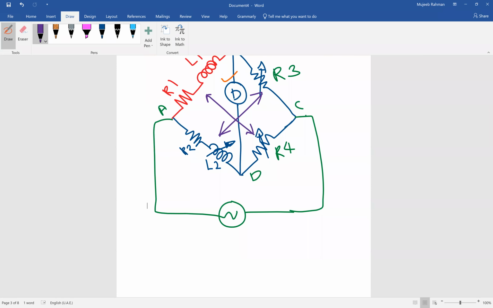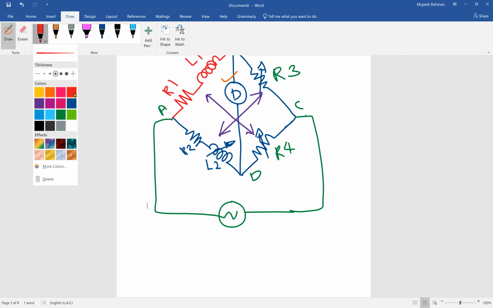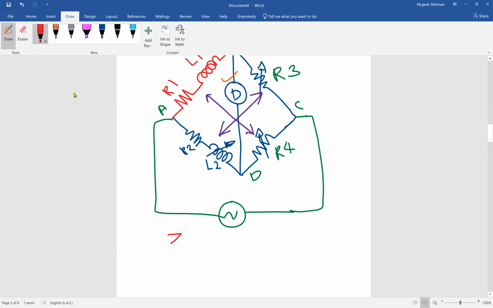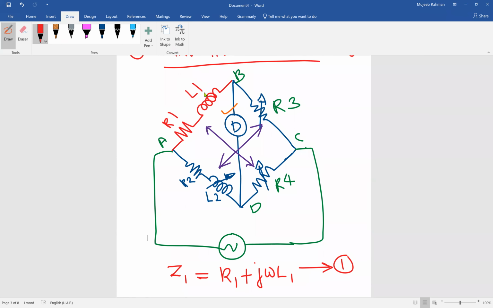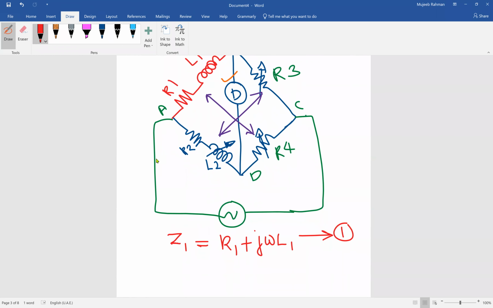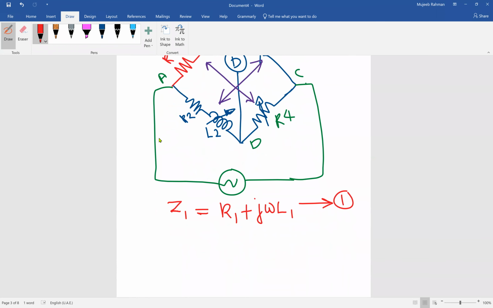Now we have to find out the impedance of the first branch. As we have mentioned earlier, Z1 is calculated by the equation R1 plus j omega L1. This is going to be equation number 1. R1 is the resistance, and j omega L1 is the reactance of the first component, the coil, which is connected between A and B. In the same manner we can calculate Z2.